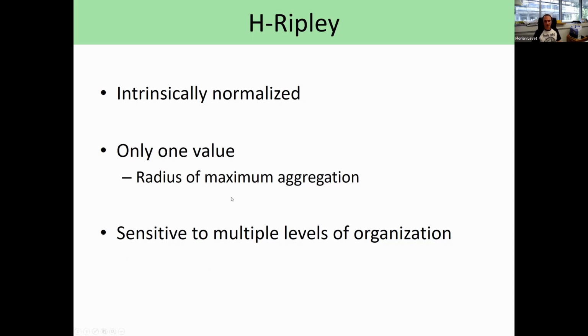And it's also sensitive to multiple levels of organization, again. So that means that even if there is no user bias, because you just say, okay, I want to compute the curve between a radius of, let's say, 5 nanometers to 250 nanometers with a step of 10 nanometers.